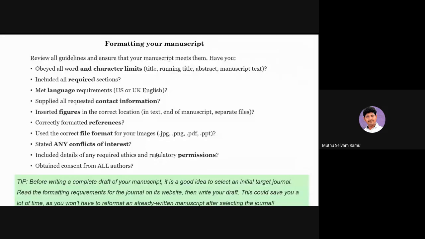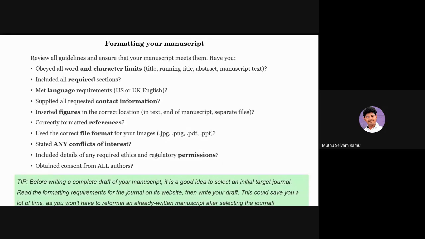So selecting the journal should be based on the scope of the manuscript. You cannot publish something in the veterinary field in a phytochemistry journal. That's irrelevant. Even if someone is your friend in phytochemistry, you cannot publish veterinary work there. That's just an example.